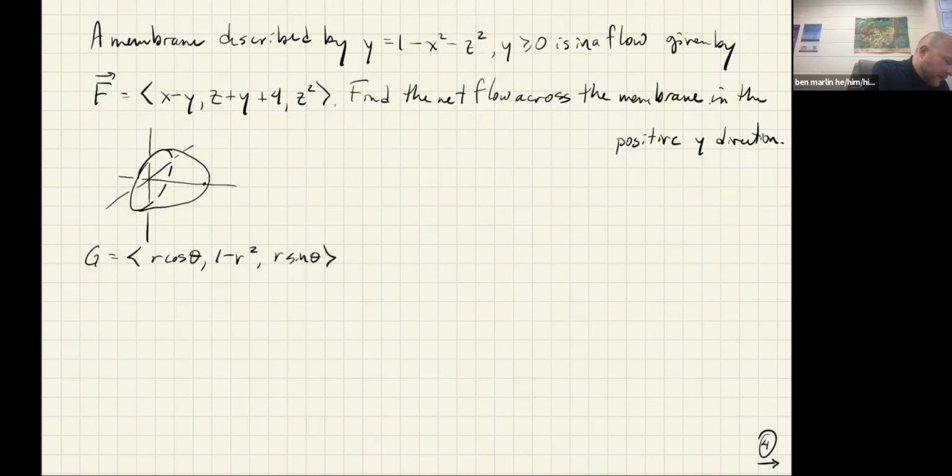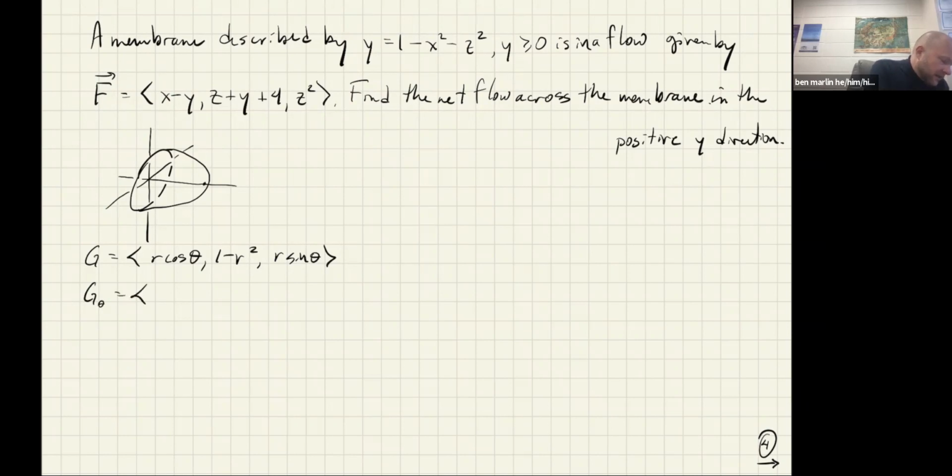Now when you do your g sub r, g sub theta, since we did something like this a minute ago, we might know which order we want. The instructions say we want the orientation in the positive y direction. When we did g sub r cross g sub theta before, we ended up with a negative showing up there. So I'm actually going to write down g sub theta first.